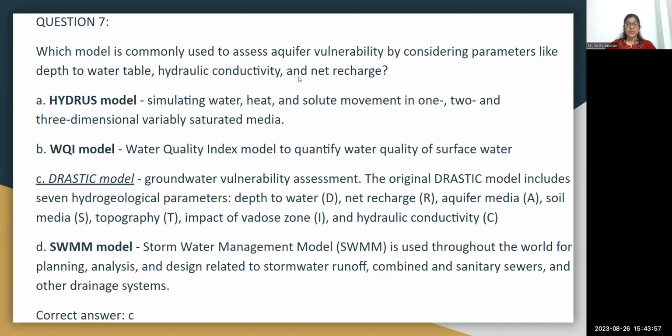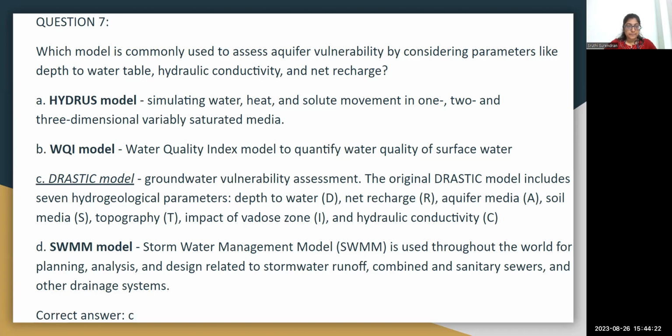This question specifically mentioned depth to water table, hydraulic conductivity, and net recharge. I'm not sure if HYDRUS considers net recharge. We can give boundary conditions, but I'm not sure it has net recharge as an input parameter.